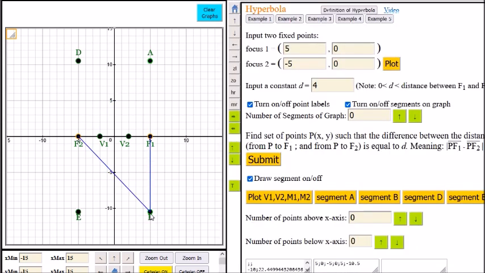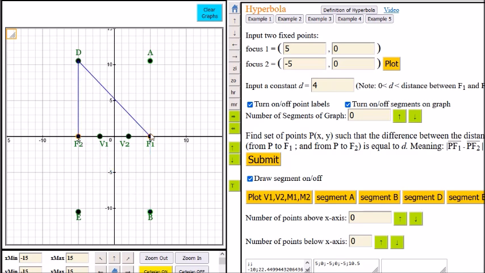The same thing for point B. The distance from here to here is 14.5. The distance from here to here is 10.5. So the difference between the distances from B to F1 and F2 is 4. Same thing here.